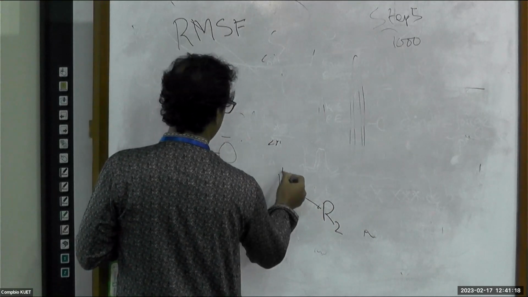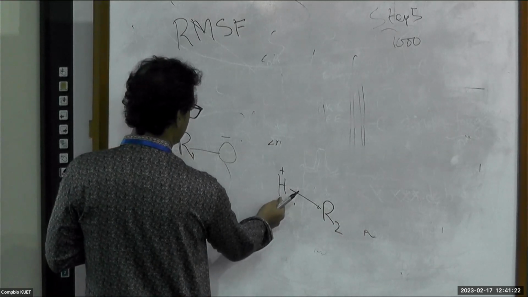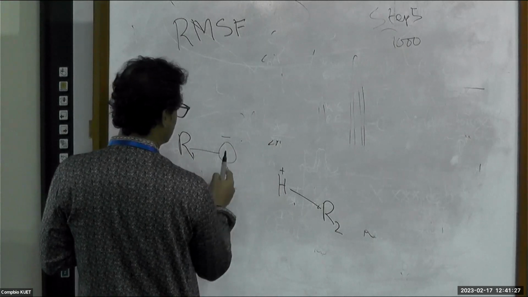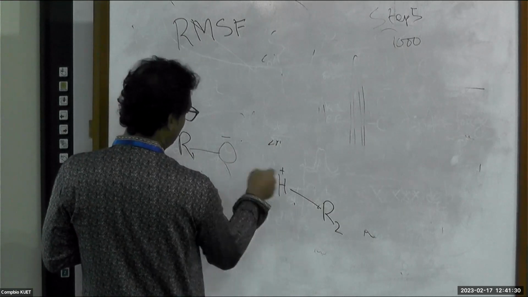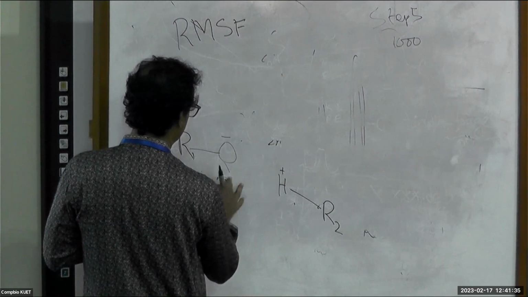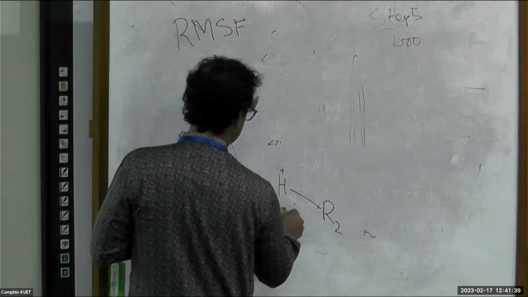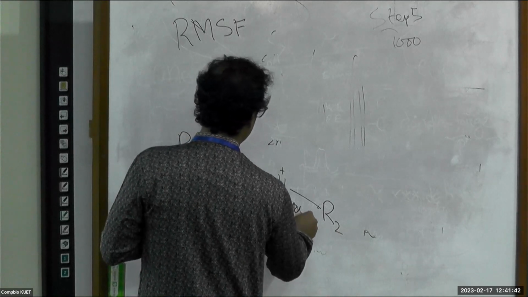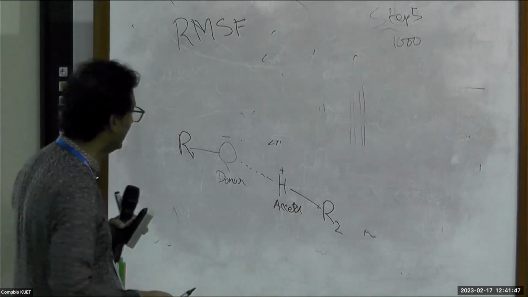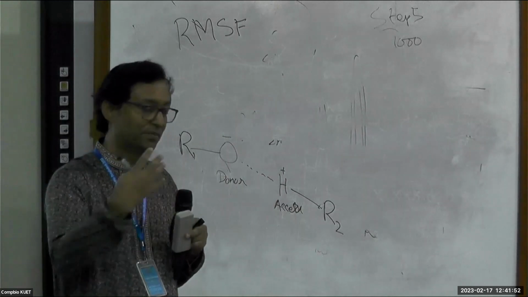This hydrogen atom has a slightly positive charge. This oxygen atom in another residue has a slightly negative charge. This one is called the donor, because it can donate, and this will be called the acceptor, because it can accept. So you will have a weak interaction between them, and that interaction is weak enough that it can form and break at room temperature.